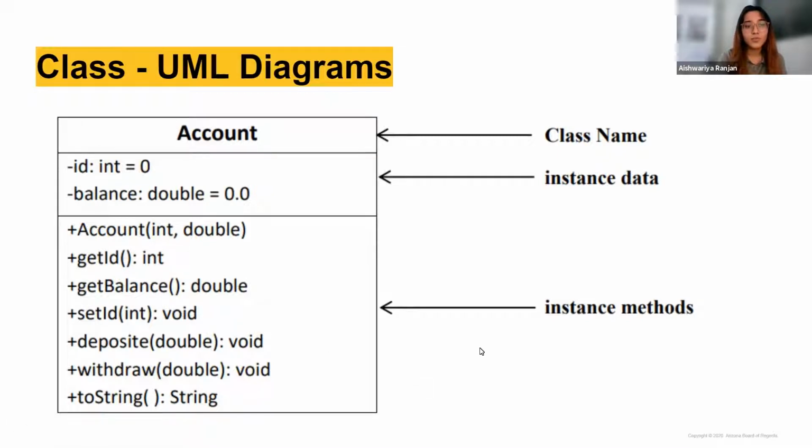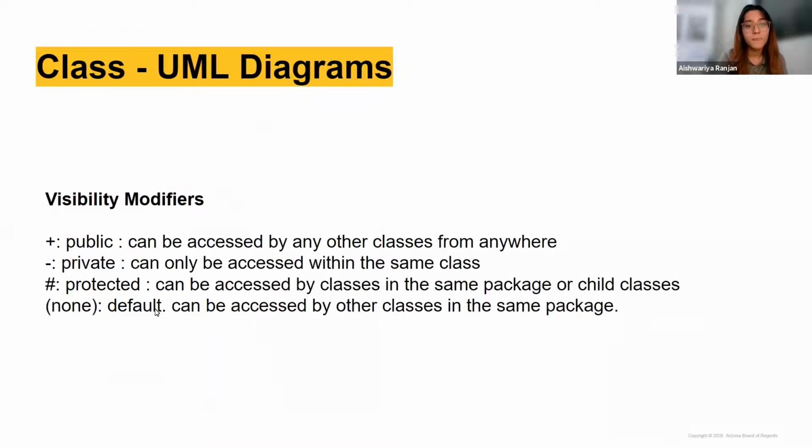You will notice that we have negative signs over here and positive signs over here. What do these signs mean? These are visibility modifiers. The plus sign denotes public classes or variables. It can be accessed by any other class from anywhere else, so it's not just specific to that particular class.